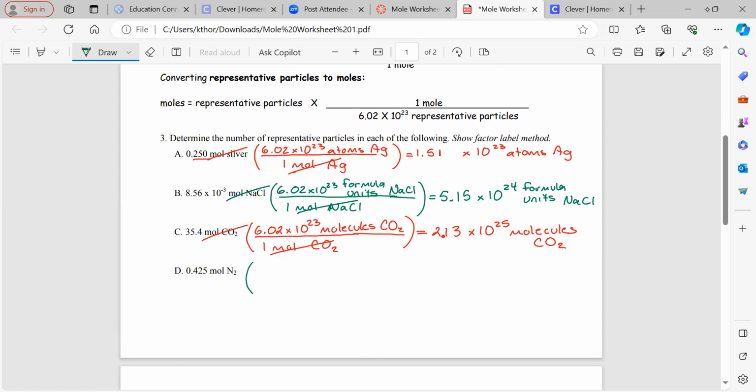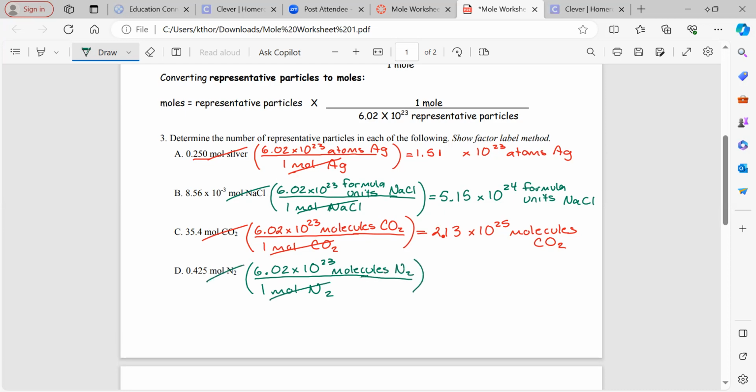0.425 moles of nitrogen. Okay? 1 mole of nitrogen goes on the bottom. Avogadro's number goes on top. And we have nitrogen that's N2. Those are 2 nonmetals. So it's going to be molecules. Molecules of N2. Nitrogen gas.